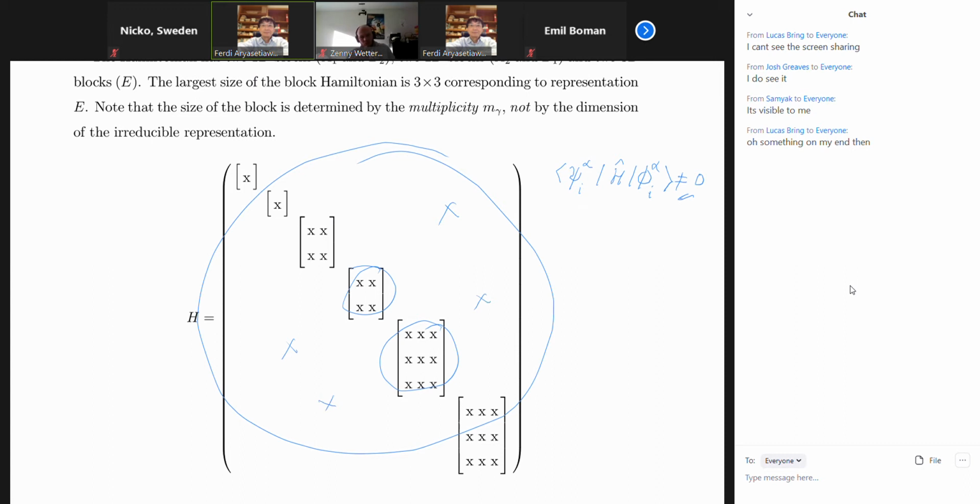So I have ordered it in such a way that they appear together, these two basis functions with the same index. Okay, so this is the first problem. Do you have any questions about this?